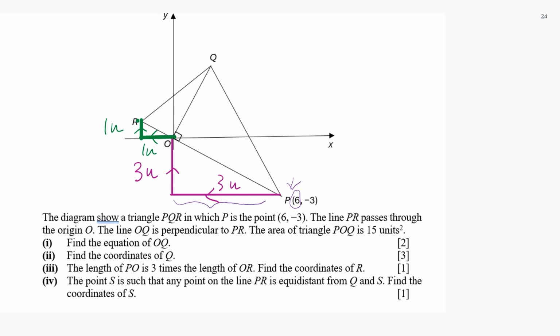So therefore here, you will have to walk 2 steps to the left, and it's on the negative side of the x-axis, so therefore it's negative 2. That means the x coordinate of R is negative 2. Okay, and you need to walk one step up. One step is positive, right? So one step is 2 units.